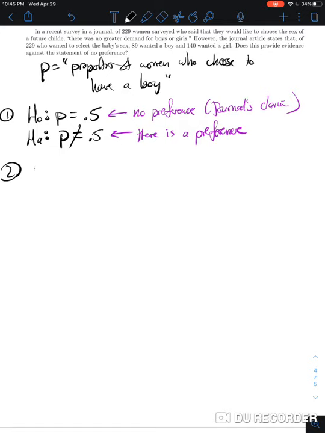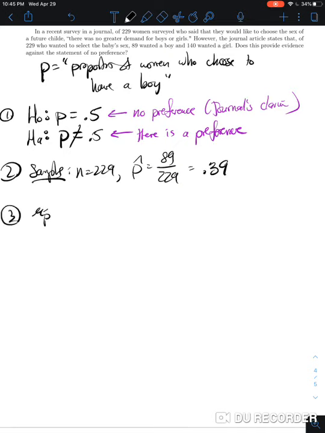So then we do the sample. The sample was n equals 229 women. So p hat in this case, I'm going to choose only the boys. So that'll be 89 over 229, and I get 0.39. So mu sub p hat is 0.5. And sigma sub p hat is the square root of 0.5 times 0.5 divided by 229, and again, the null hypothesis has been 0.5 every time. It doesn't always have to be that way.